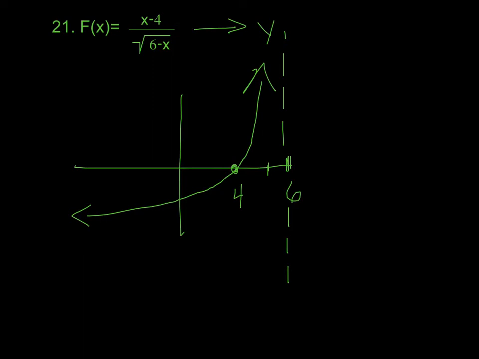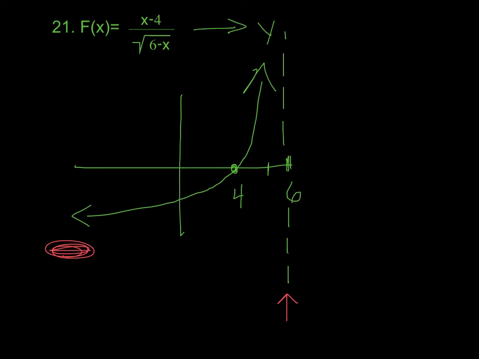So when we look at the domain, we notice that our x values, if we're talking about to the left here, they go on forever and ever. So that would be negative infinity. However, right here, we get closer to 6, but we don't hit 6.